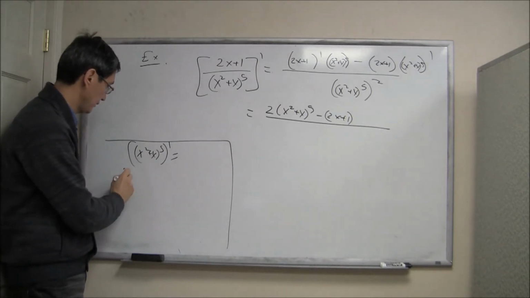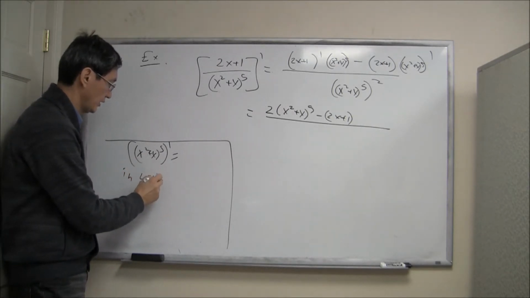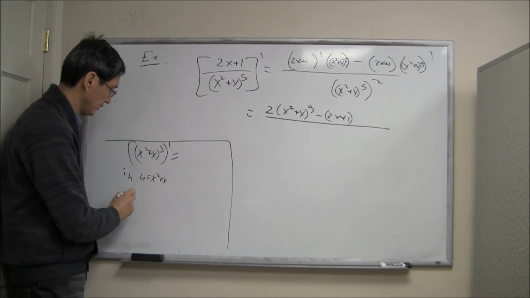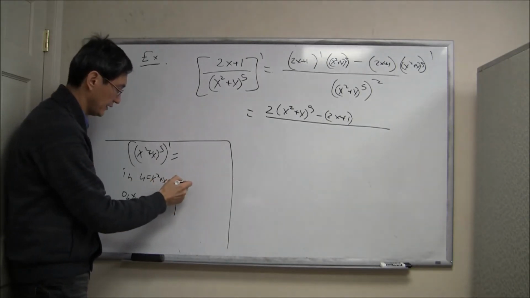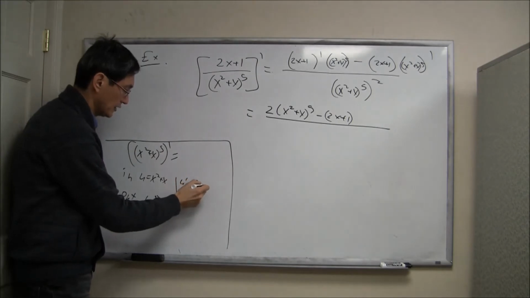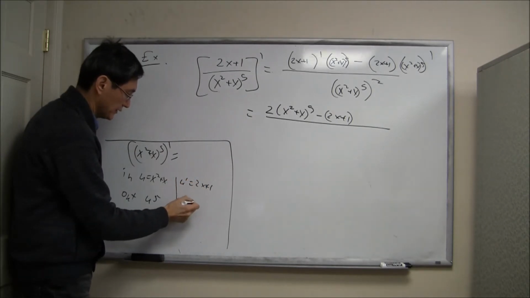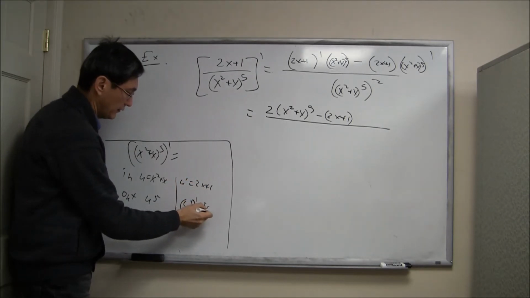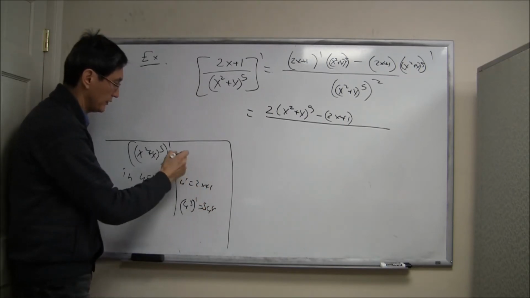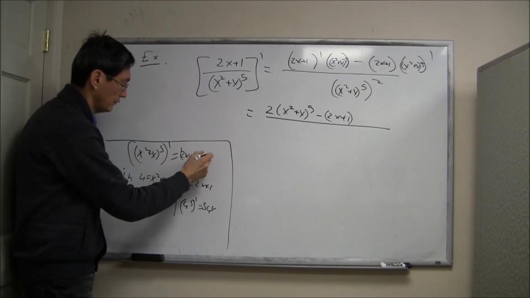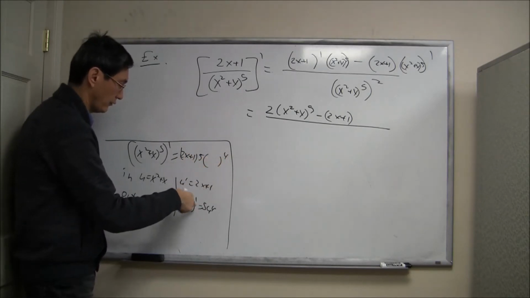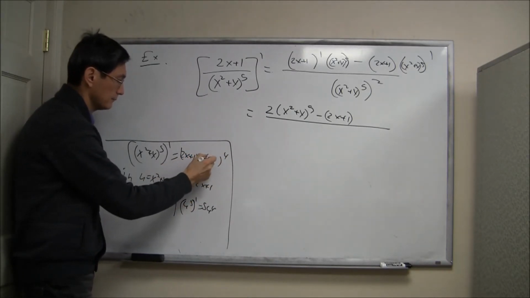So inside, x squared plus x, outside, u to the 5. Derivative inside, 2x plus 1, derivative outside, 5u to the 4. So multiplying these together, we have 2x plus 1, 5, and raised to the fourth, u, and u is x squared plus x.